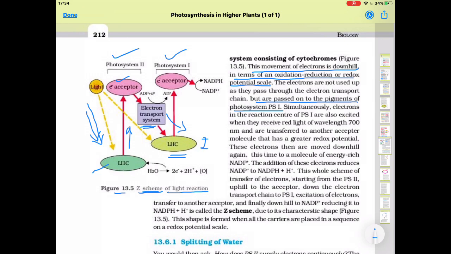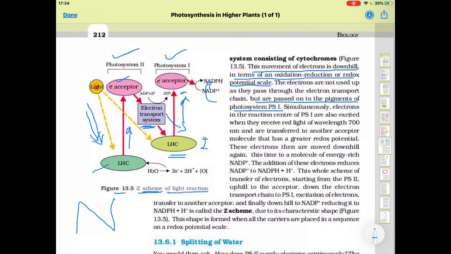Then PS1 also becomes excited, the chlorophyll a molecule's electron becomes excited, and there is another electron acceptor for photosystem 1. From here it goes to NADP, and NADP is reduced to NADPH. This makes the shape of a Z, which is why it is known as the Z scheme.